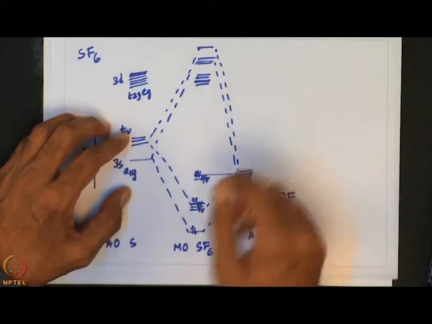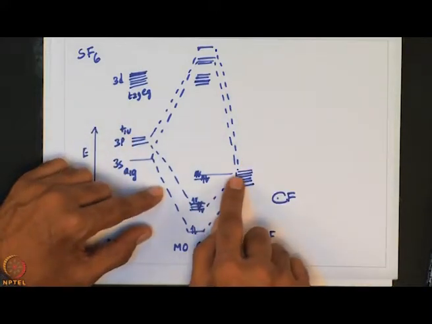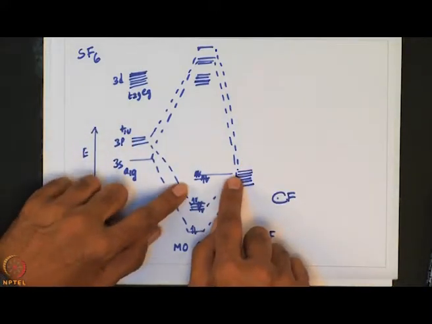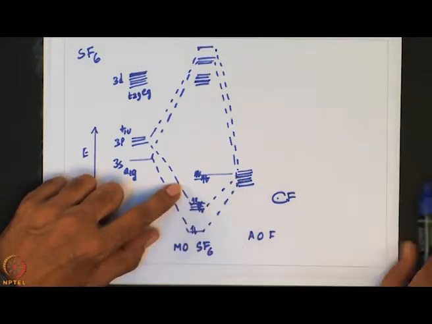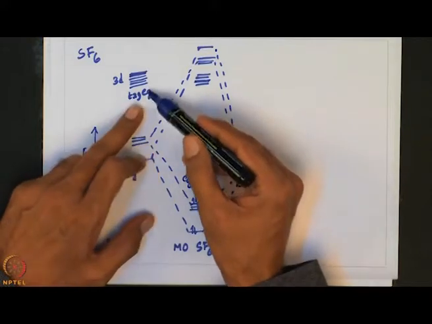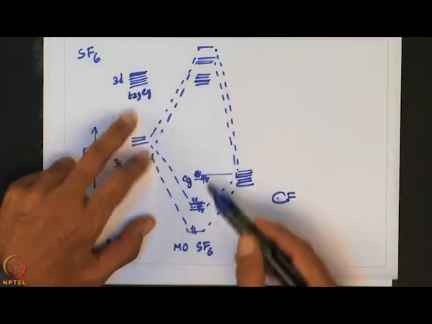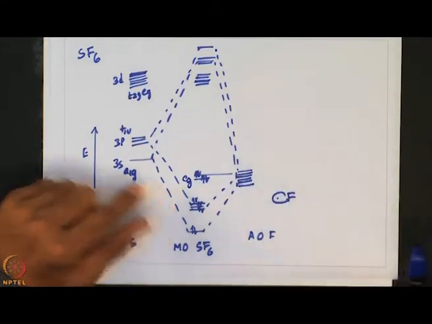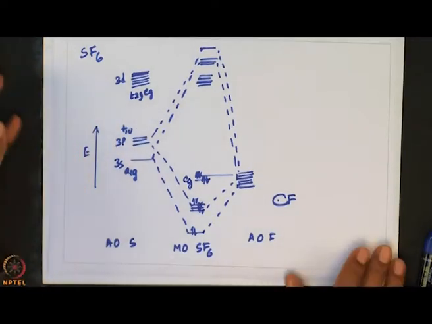As a result, 4 electrons coming from F having essentially Eg symmetry do not really interact with Eg of this one; they remain as non-bonding. So, this is how one can write the MO diagram and compare this with other bonding theories.